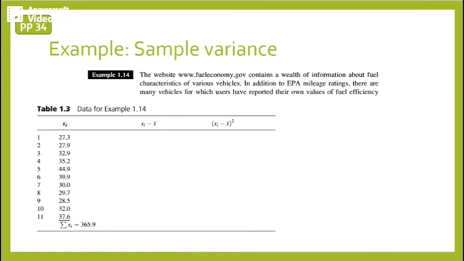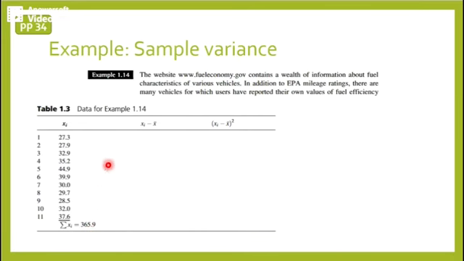So let us look at an example of how to calculate the sample variance. This is example 1.14 on page 34 of your textbook. We have these data observations, and we took the sum of this, which resulted in 365.9.